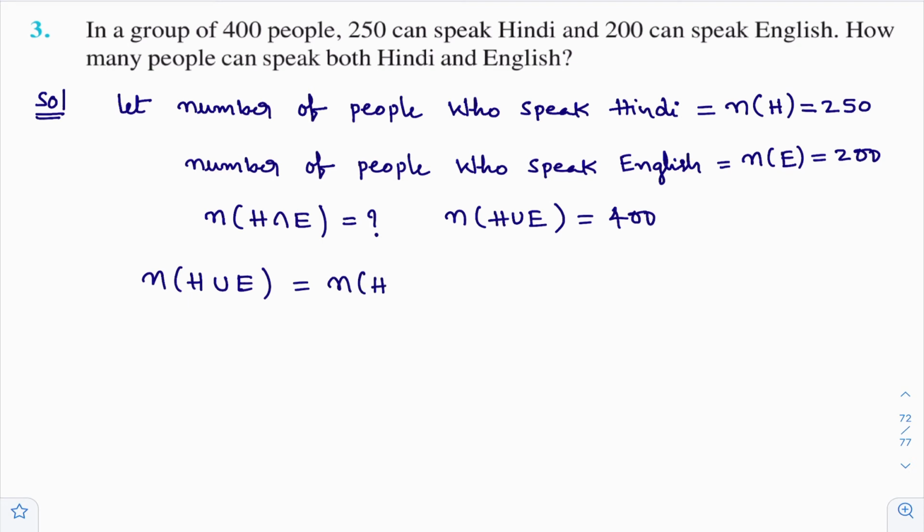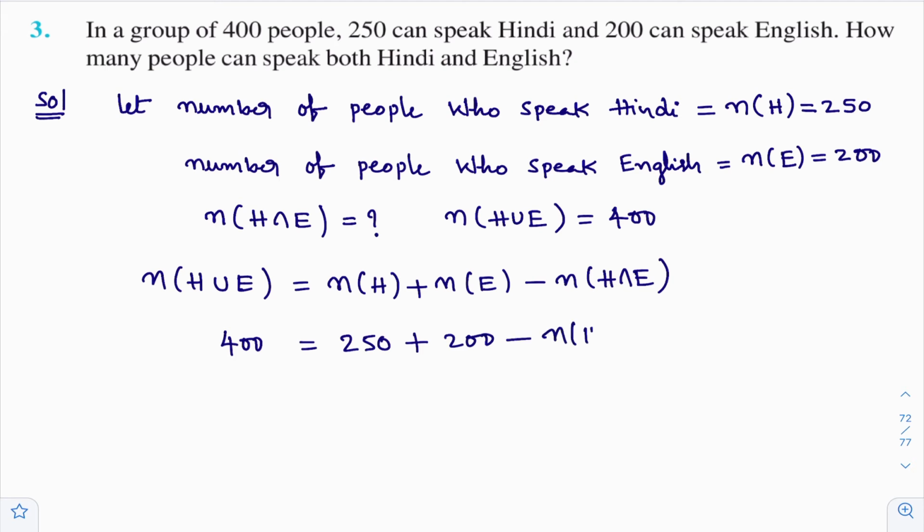That is n of h plus n of e minus n of h intersection e. n of h union e is 400, equal to n of h, which is 250, plus n of e, which is 200, minus n of h intersection e, the one we need to calculate.